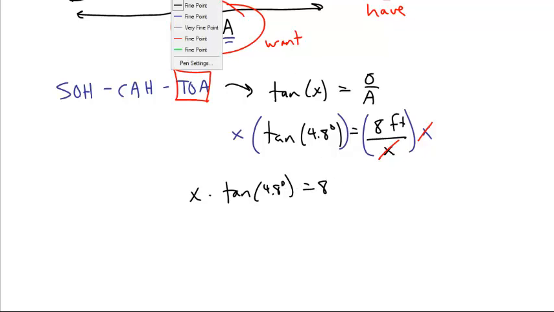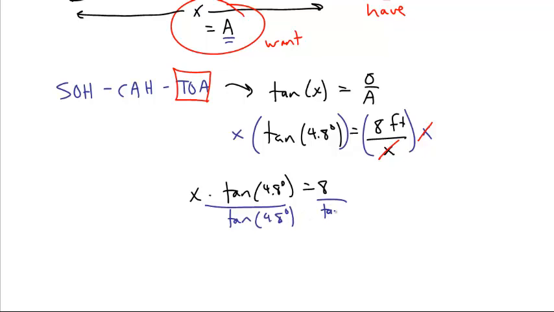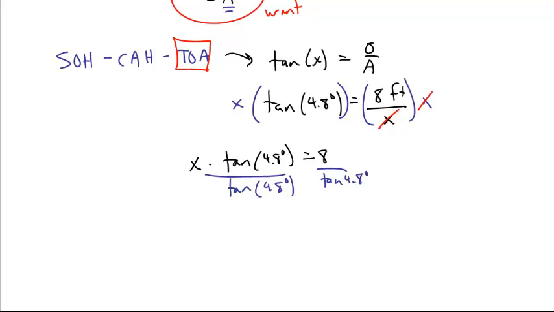And if we divide both sides by the tangent of 4.8 degrees, we will end up getting that the number that we want, x, is 8 divided by the tangent of 4.8 degrees. And that should be in feet.